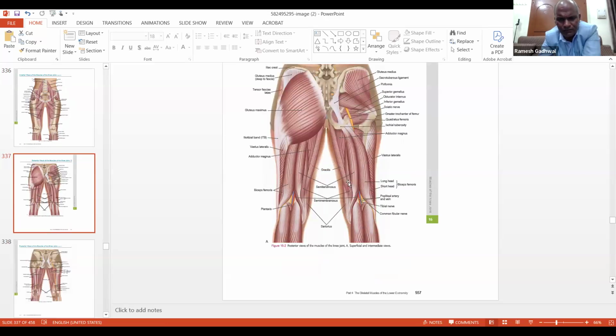Then next, we all know which muscle is which nerve. You see in yellow color, which nerve is this?